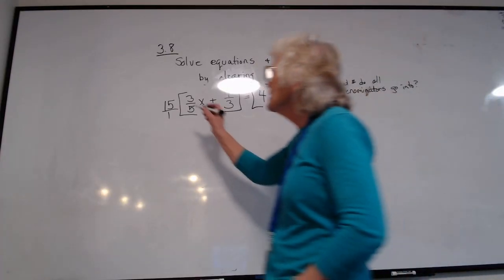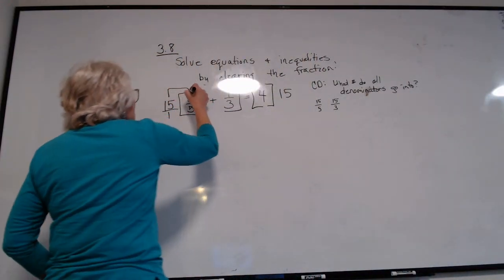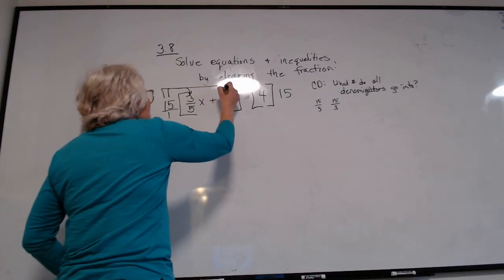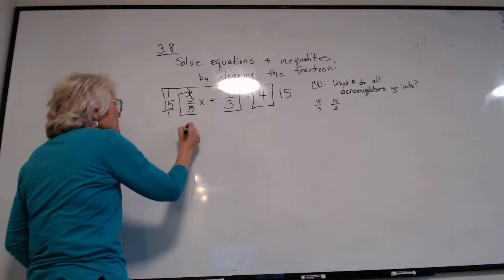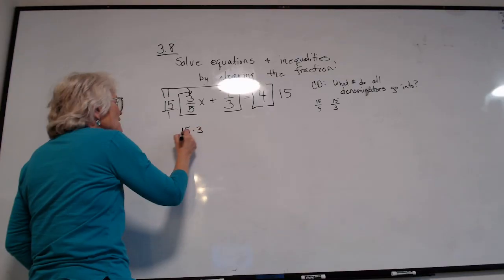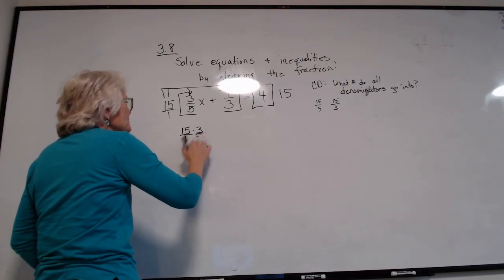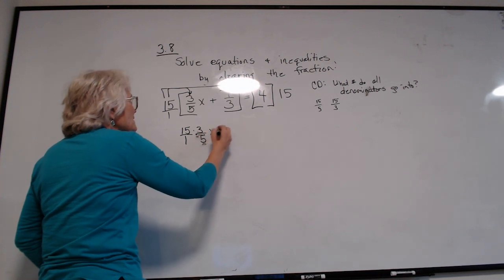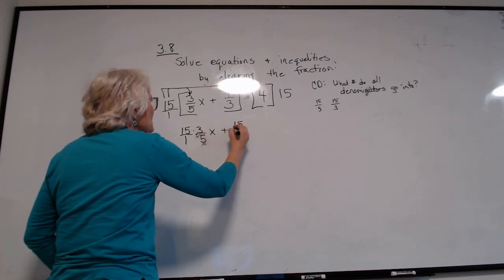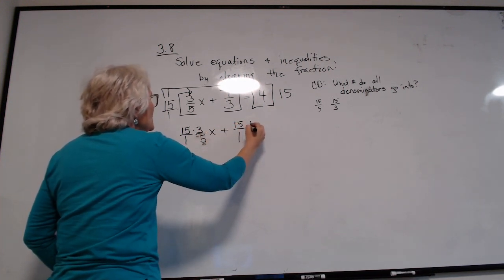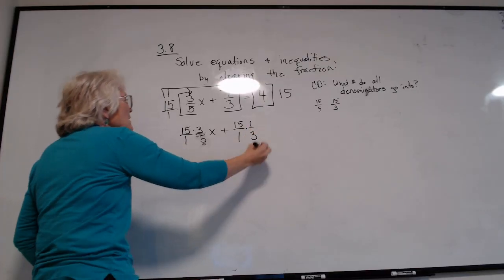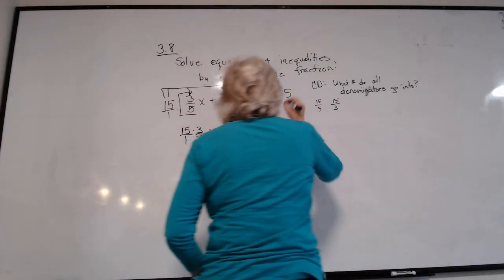Okay, so let's multiply these through. We're going to use distributive property. So 15 over 1 times 3/5 x plus 15 over 1 times 1/3 equals 4 times 15.